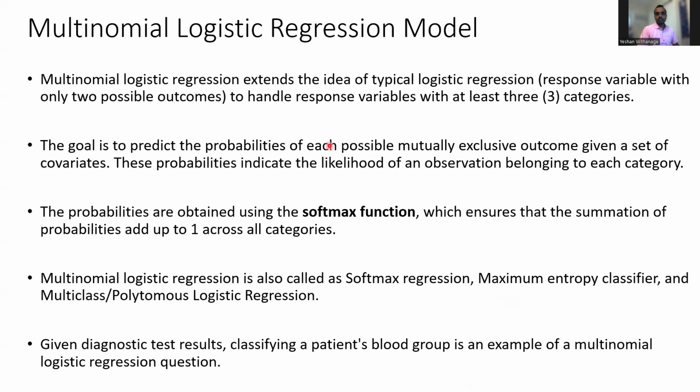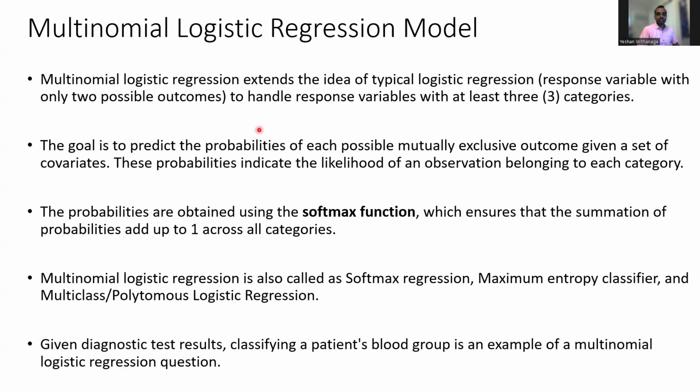In this lesson, so far we considered the binary response variable, but we can extend the same idea to a response variable which has more than two categories. We call it a multinomial response variable.